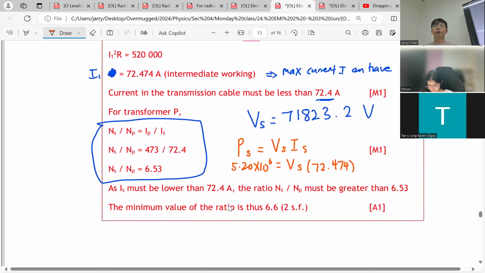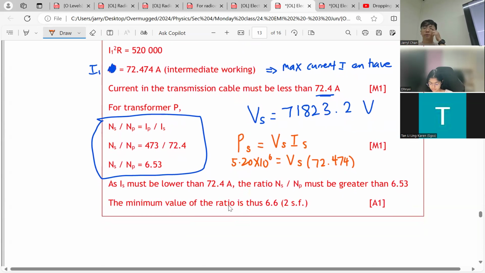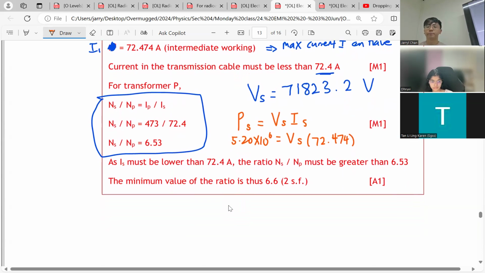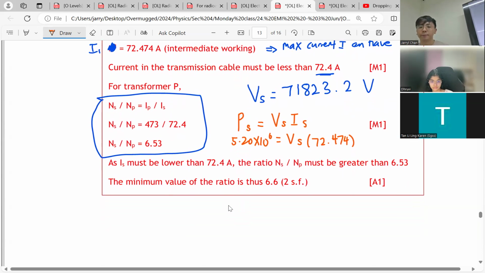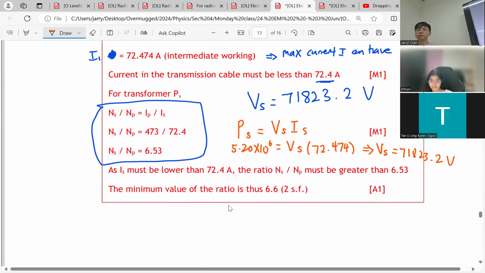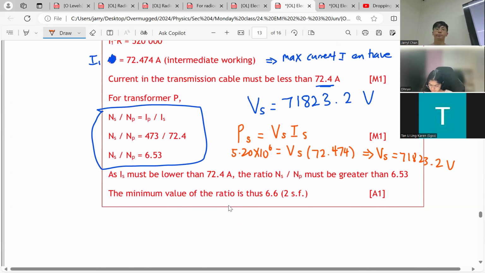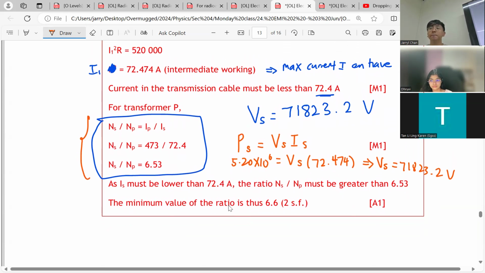From this, you can calculate your Vs. Vs equals 71823.2 volts. Hopefully, you won't get too overwhelmed. If you are good with this blue color box, it is not wrong. I just want you to walk through the thought process with me.